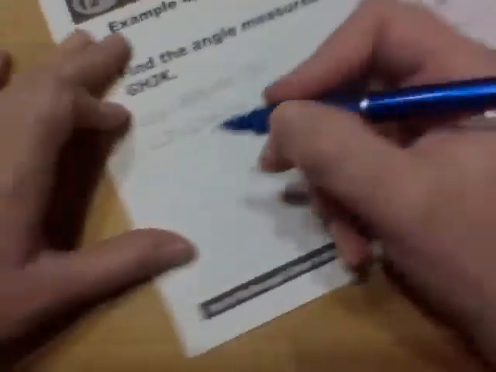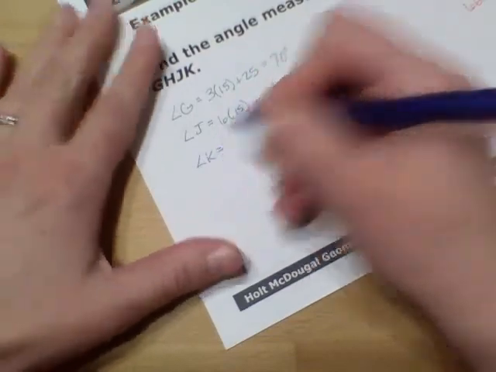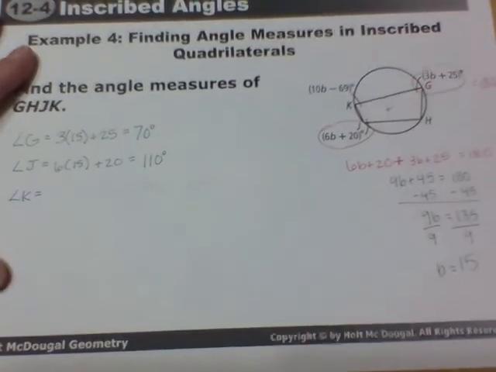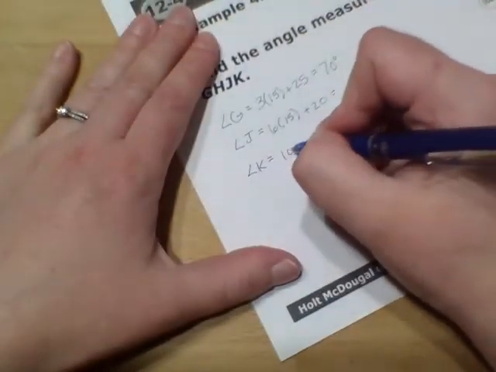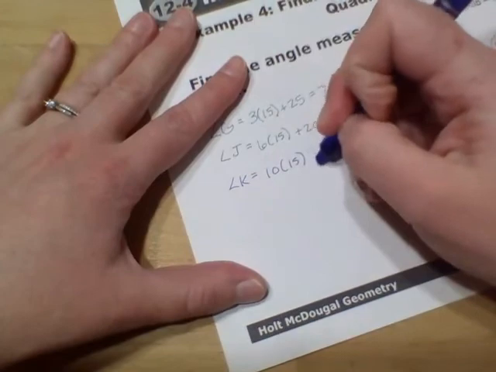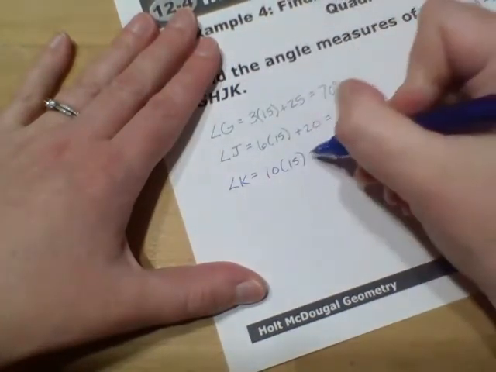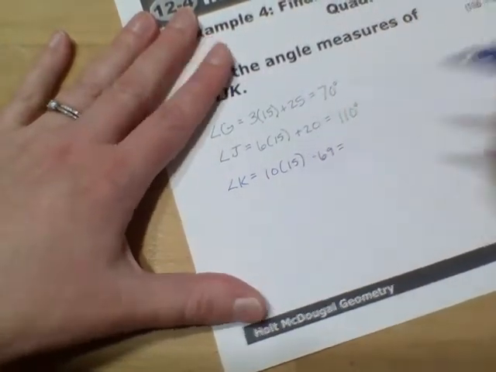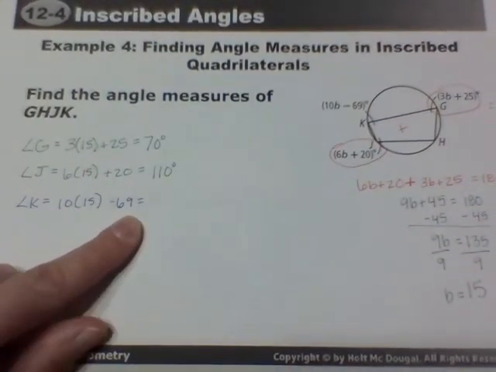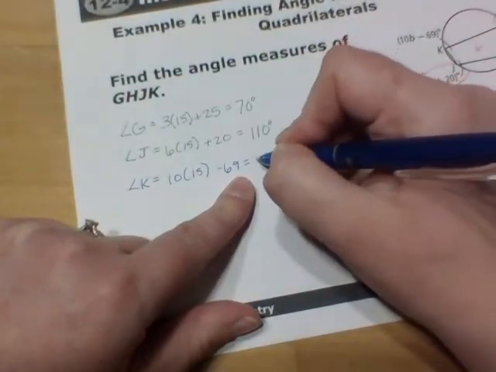Then we have angle K here, which still uses B as its variable. So 10 times 15 minus 69 should be our answer. Should be our angle measure for that one. So 150 minus 69 is 81 degrees.